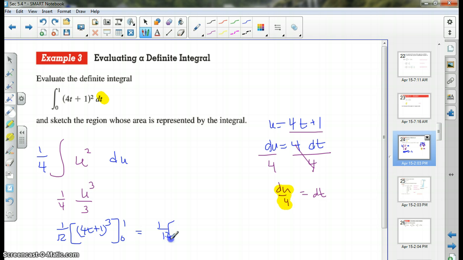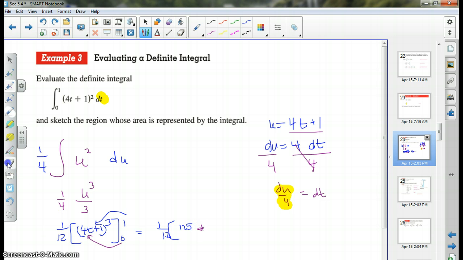So it's 1/12 times f of b. If I plug in a 1, I get 4 plus 1 is 5 cubed. 5 cubed is 125. That's my f of b. Let's do the f of a. 4 times 0 is 0 plus 1 cubed. Well, it's f of b minus f of a.